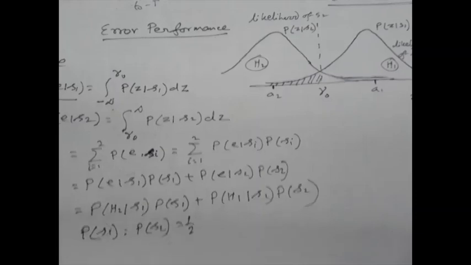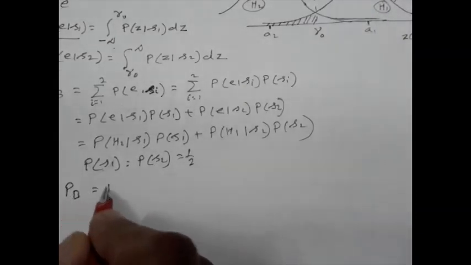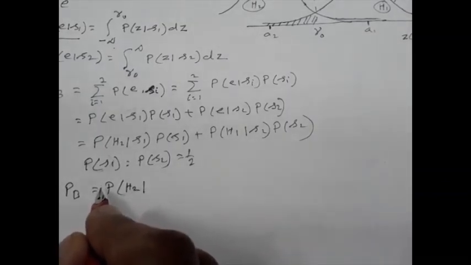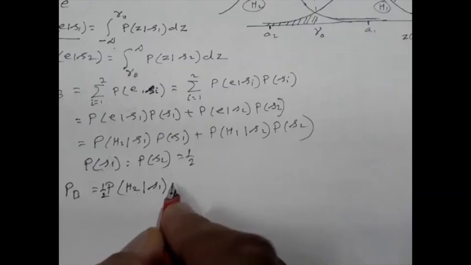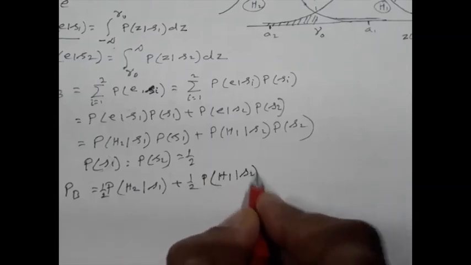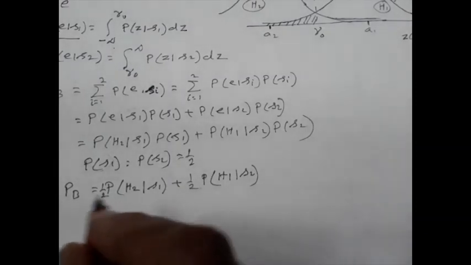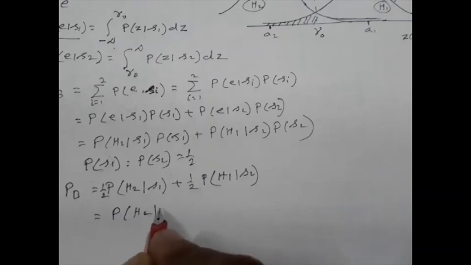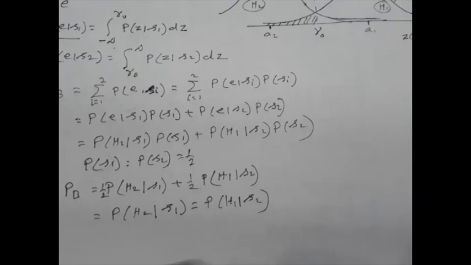So P_B can be written as half of P(H2 given S1) plus half of P(H1 given S2). And because of the symmetry of the probability density functions, we can write that P(H2 given S1) is equal to P(H1 given S2).